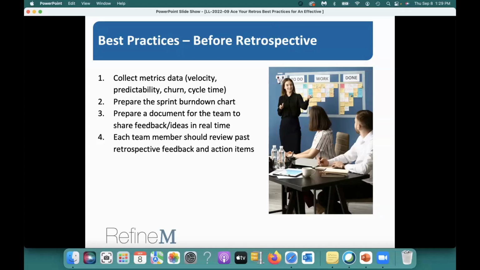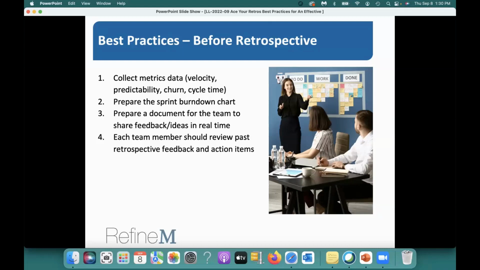So collect those metrics for the previous period. If it is a 2-week sprint, then 2 weeks. If you are not doing Scrum, if you are doing Kanban, then maybe whatever time frame, 3 weeks, 2 weeks, 1 week. If you are not following Agile, then also, what is the time frame? Whatever is your frequency.